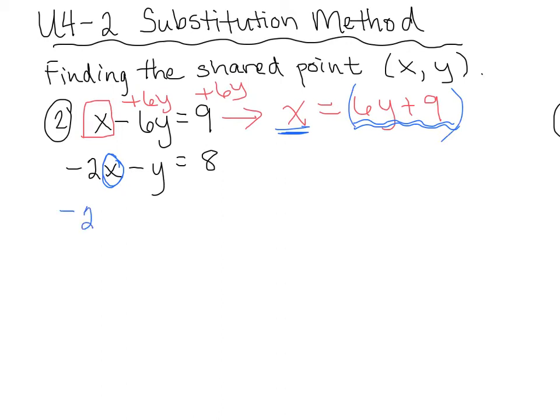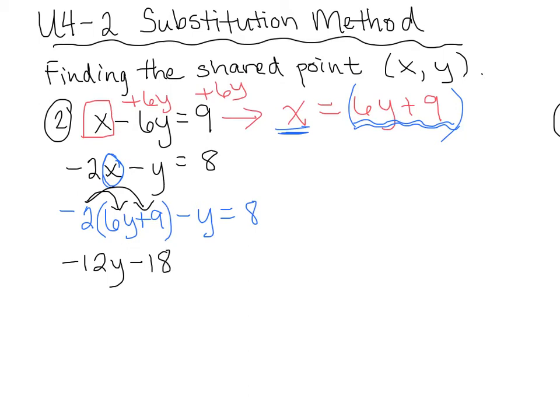So let's go ahead and do that. Negative 2, because that's the multiplier, times 6y plus 9, and then the rest of the equation, minus y equals 8. And we solve now for y. Y is the only variable still present. I distribute that negative 2, so we get negative 12y minus 18.